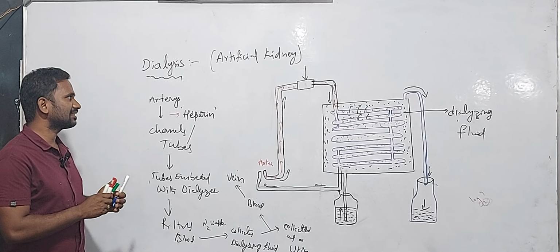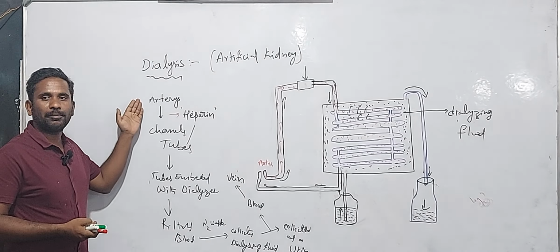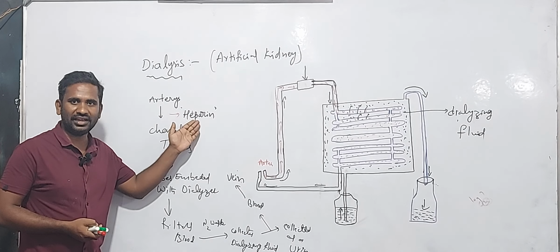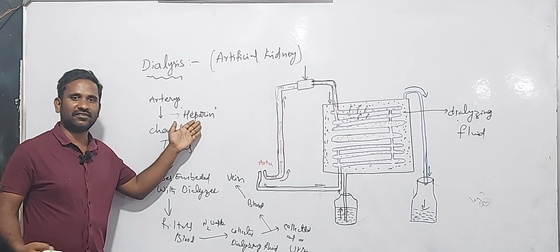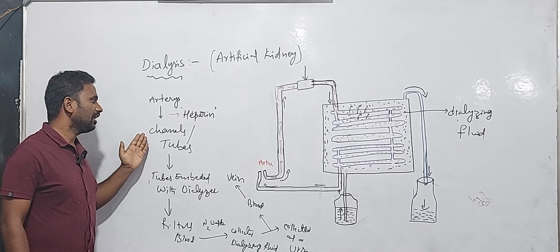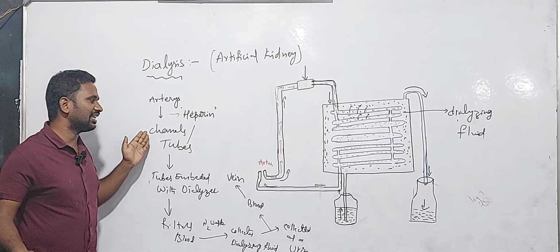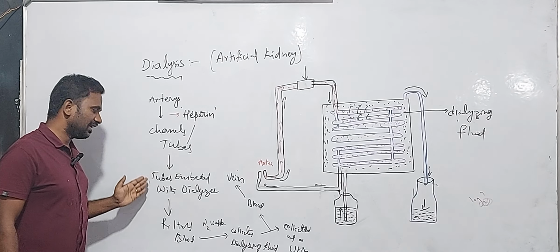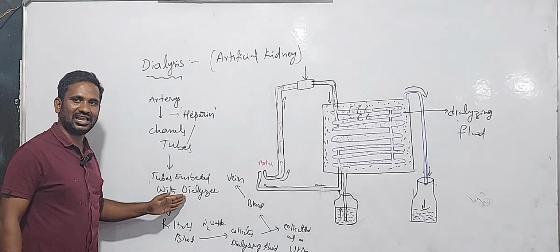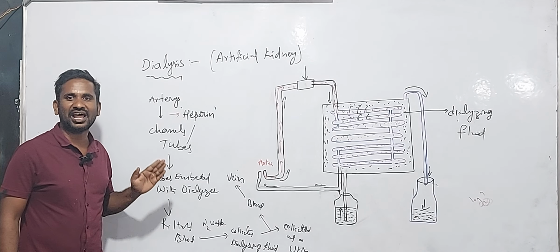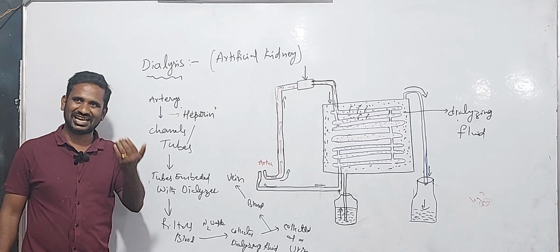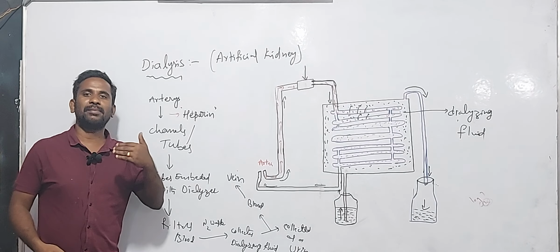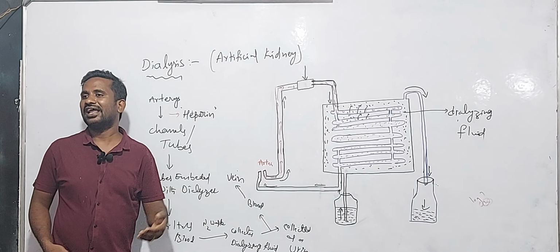So once again, see this. We are collecting blood from the arteries of the patient and we are adding heparin to avoid coagulation. So the blood flows into the channels or tubes of the dialyzing machine and the tubes are embedded with the dialyzer. The dialyzer does not have any nitrogenous or excretory materials, so that's why waste filters from the blood to the dialyzer.